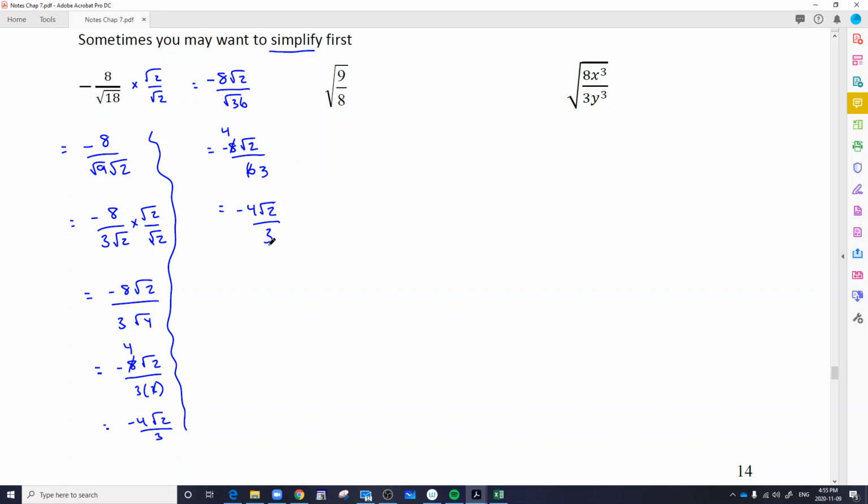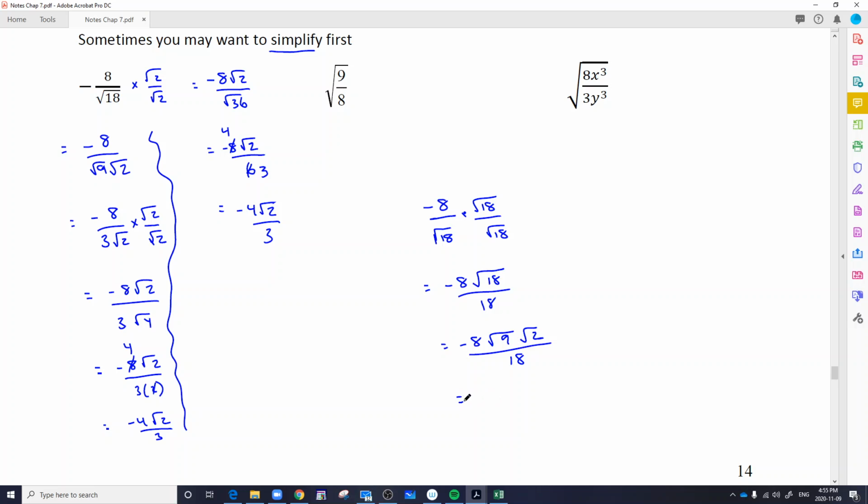That's another option. Some people, I'm going to erase this in a second because I wouldn't do it this way. Some people are like, I'm going to multiply by the radical in the denominator. So you can multiply by root 18 over root 18 if you really want. Then you get -8 root 18 all over root 18 times root 18. I'm just going to write 18 here. You can do it this way. And then you can simplify root 18 to get root 9 root 2.